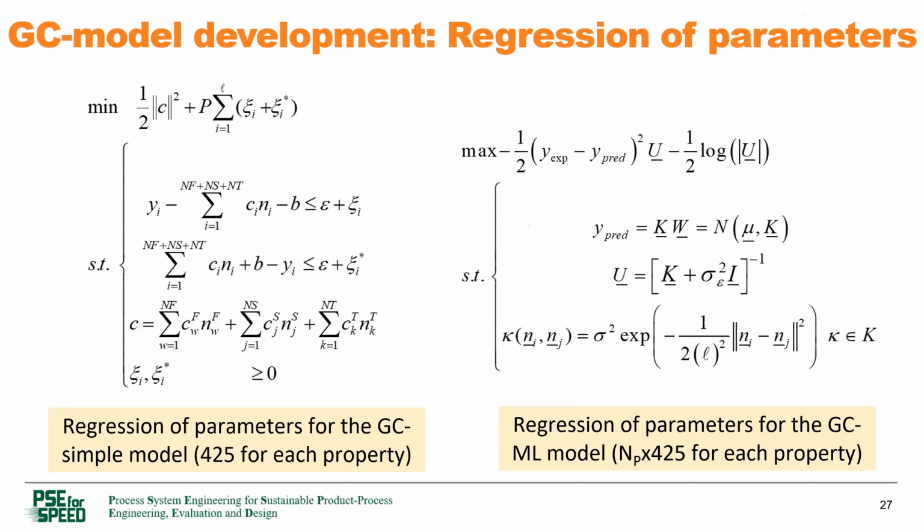And this can be quite large. So in principle, it can be NP times 425, where NP can be anything between 10 to 20. Compared to the simple regression, we are using maybe 20 times more parameters for the machine learning. But machine learning is finding out the correlations for them, which we humans cannot find.